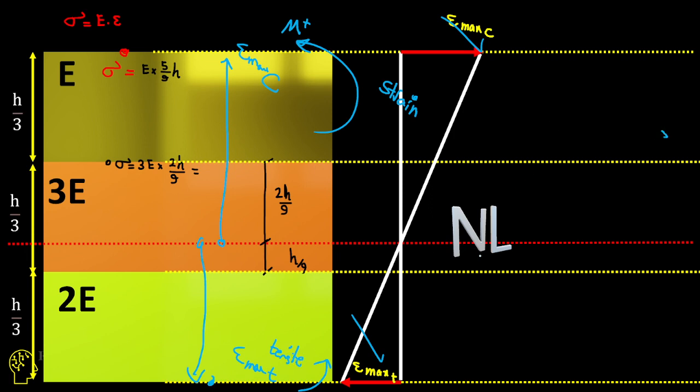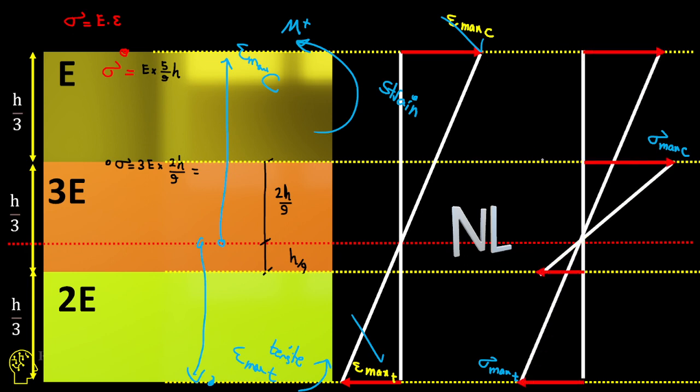If you want to show the stress, you can easily see there is a discontinuity at the boundary layer. So the maximum stress doesn't always occur at the same place. This time it occurs at the very bottom for tension, but sigma maximum in compression occurs at the boundary of the two materials.